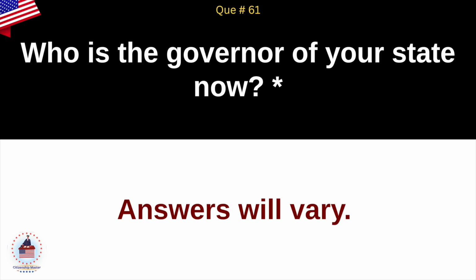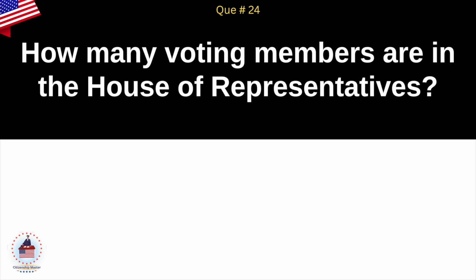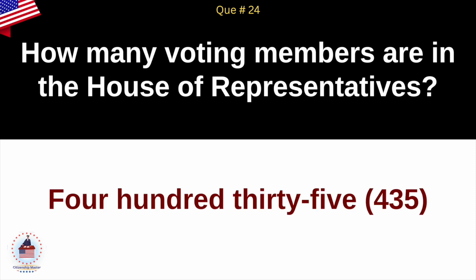Answers will vary. What is the form of government of the United States? Republic. How many voting members are in the House of Representatives? 435.